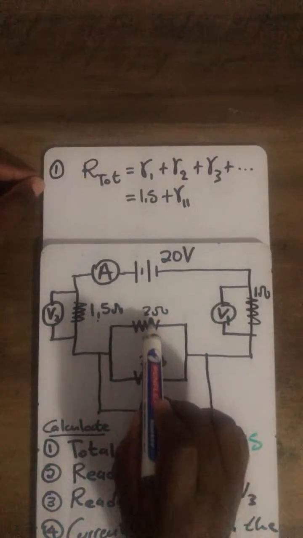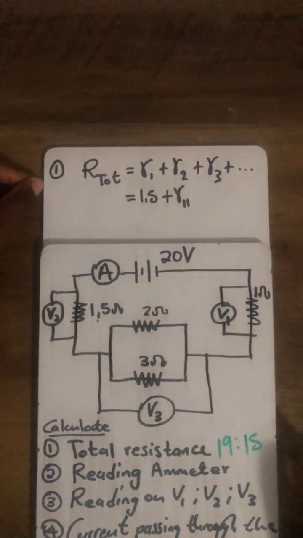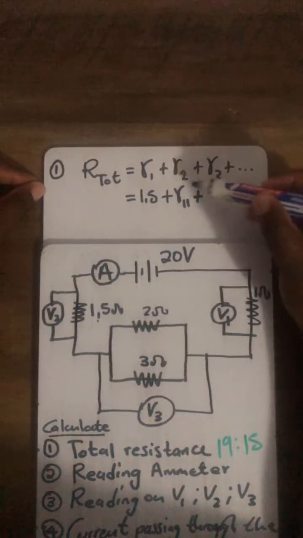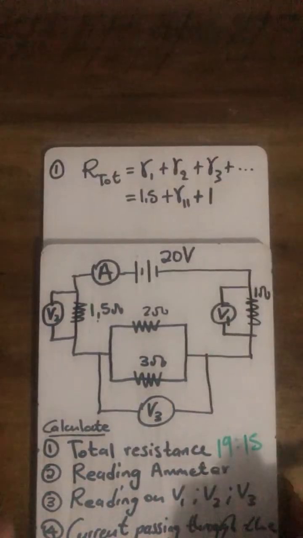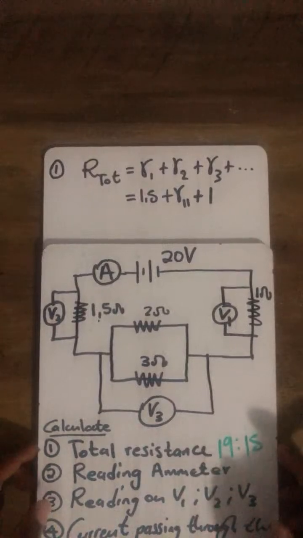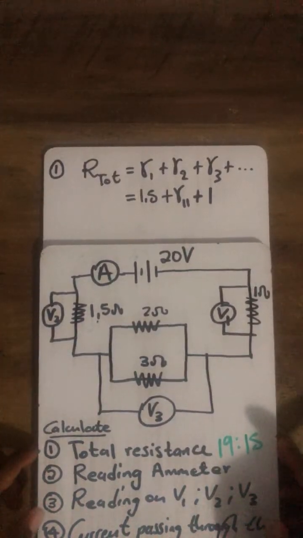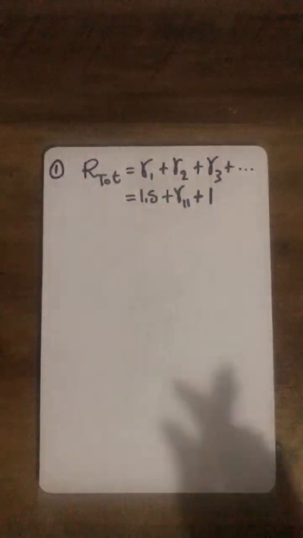You can't say that you plus it with that and then you continue to plus it with that because this section is in parallel. So that means in this formula for R tot, you only add the resistors which are connected in series. So if you've got a connection which is not in series, you need to convert it from being parallel to being series.